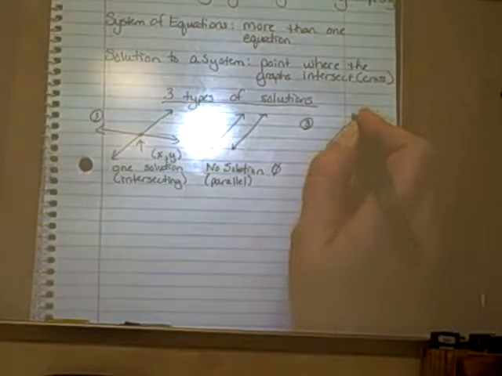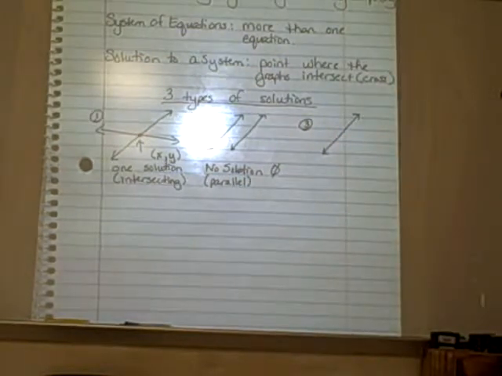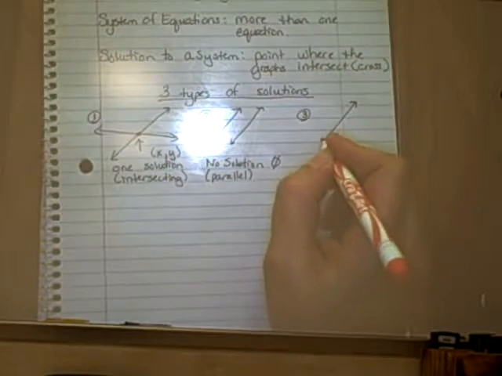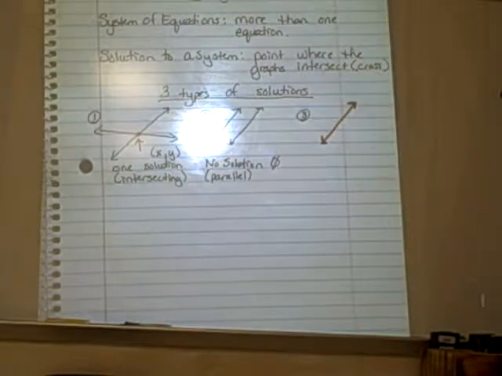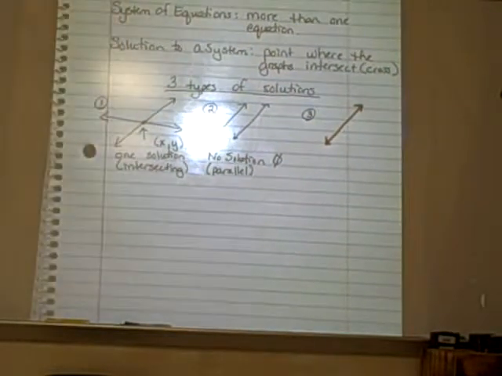Okay, number 3 is when you have a line, and then when you look at the graph of the second line, it's that exact same line, just lays right on top. So where would those 2 things cross? If I have this line and then this line right here, where do they cross? Everywhere, right? Every single place is where they're crossing.